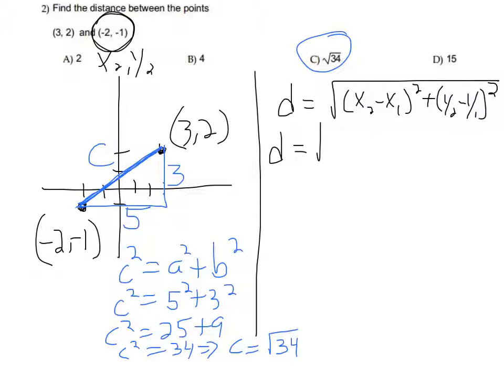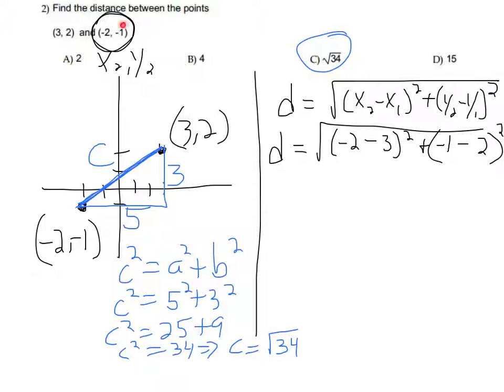D equals square root x2. x2 is negative 2 minus x1 is 3. Again, x2 is here, x1 is here. The minus is the formula. Okay, plus squared y2 minus y1. y2 is negative 1 minus y1 is 2.